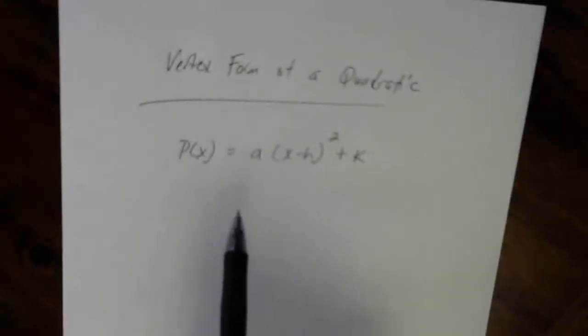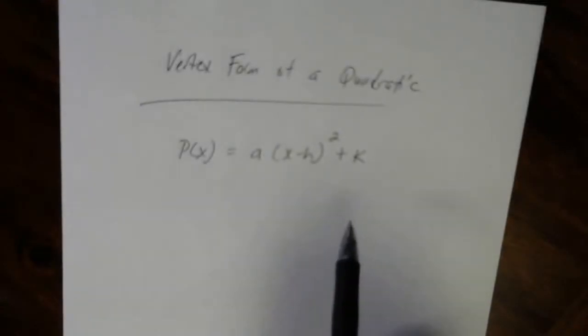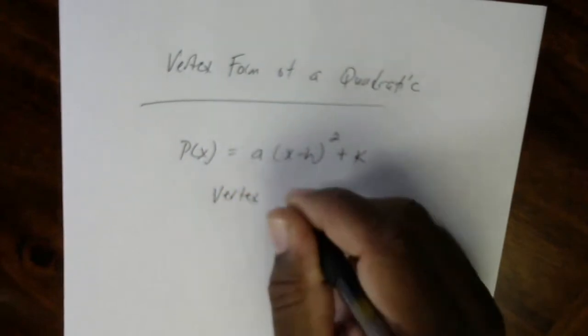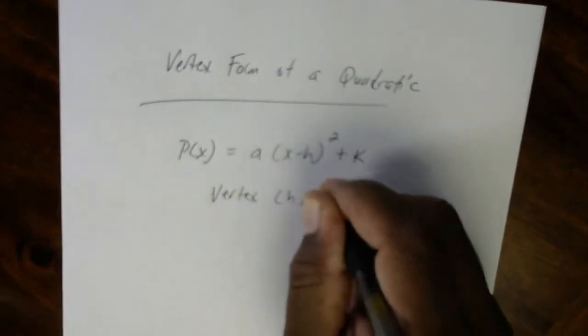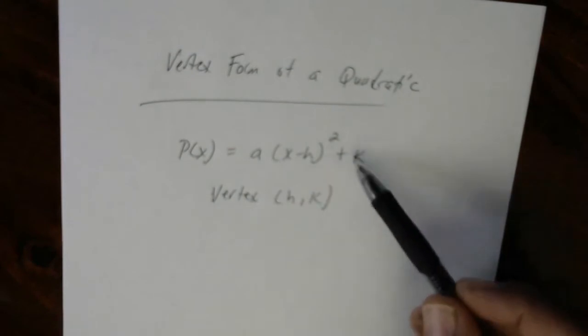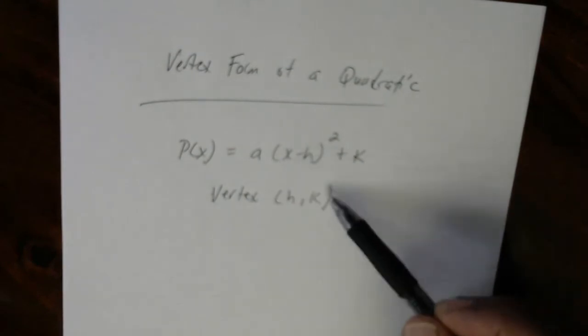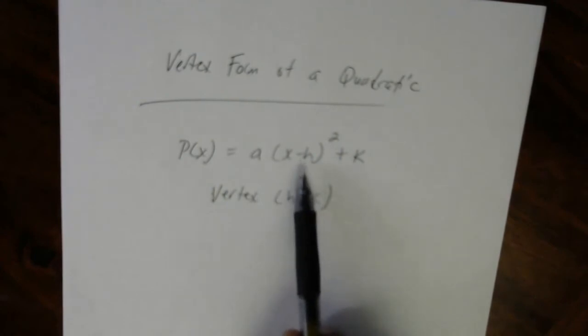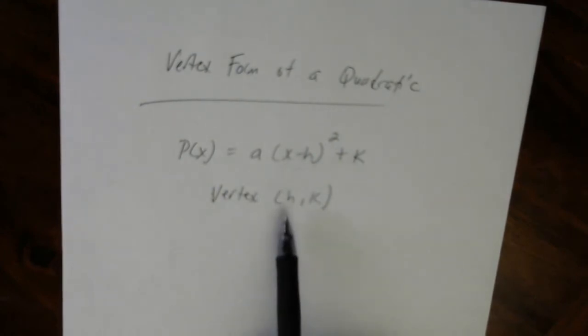So if your quadratic is written out in this form, the vertex, you can simply pull it out of your form. It's going to be (h, k), right? You simply take whatever this quantity is, and that becomes h.